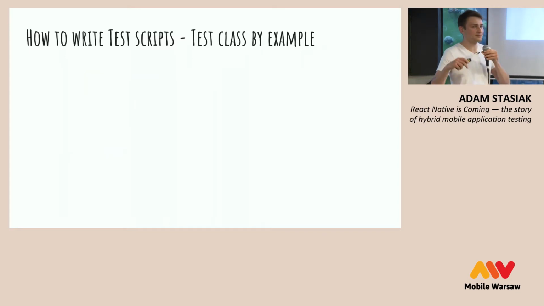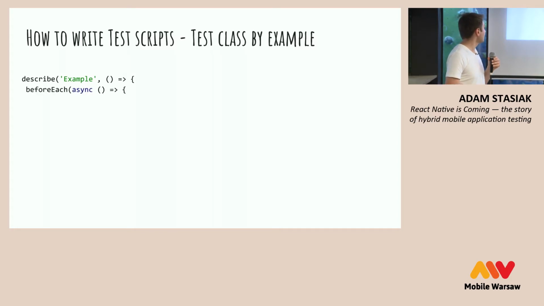Let's have a look at the test class. Inside the test class, we use the JavaScript keyword describe and name our test class. In this case, it is example, but we can name this as login feature test or other. And we declare the before each method, so we put some actions that are required to perform before each test starts.